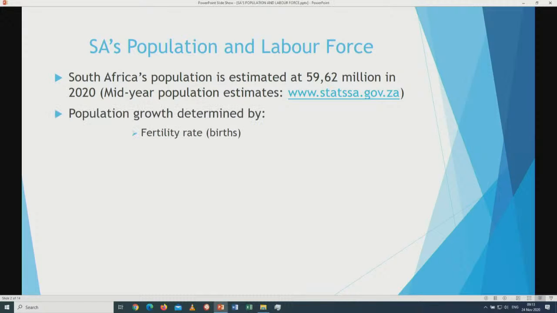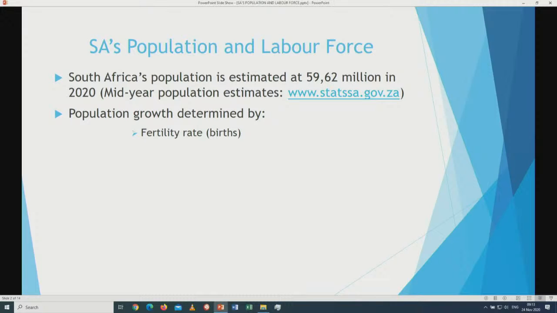Okay. Now, there is what we call population growth. Population growth is influenced by a number of factors. You know what growth is: when the population number increases.